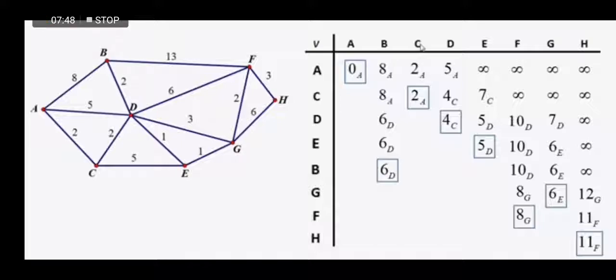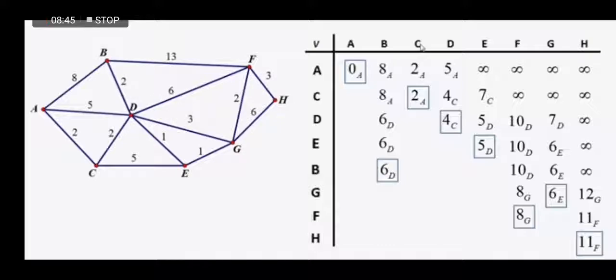We look at vertex F. As we can see, vertex D is also directly linked to F and G. So there is a number for vertex F and G when we consider vertex D. So the length from vertex A to C, C to D, and D to F would be 10 because A to C is 2 plus C to D, that is 2, and then D to F, that is 6.